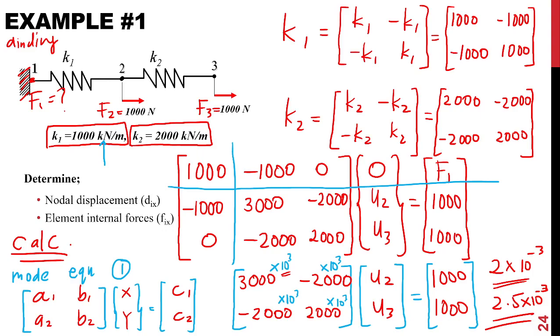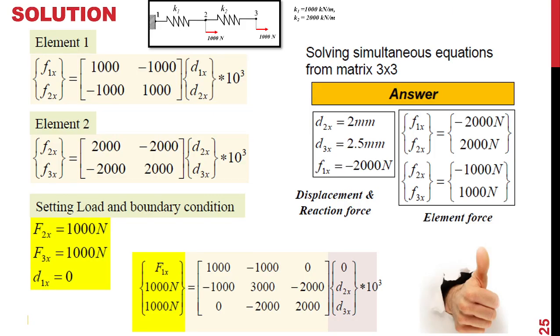Okay, so dapat. Jawapan dia memang betul lah. 2 mm dan 2.5 mm. Kamu boleh masukkan the answer and put it in the first equation, dapatkan berapakah F1. F1 should be negative 2000.